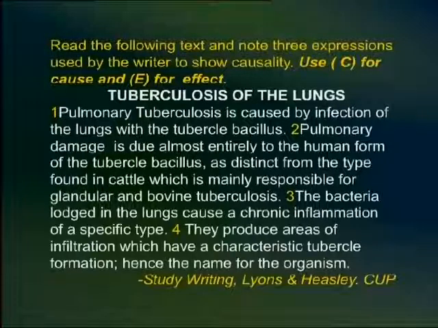Pulmonary damage is due almost entirely to the human form of the tubercle bacillus, as distinct from the type found in cattle, which is mainly responsible for glandular and bovine tuberculosis. The bacteria lodge in the lungs and set up a chronic inflammation of a specific type. They produce areas of infiltration which have a characteristic tubercle formation, hence the name for the organism.